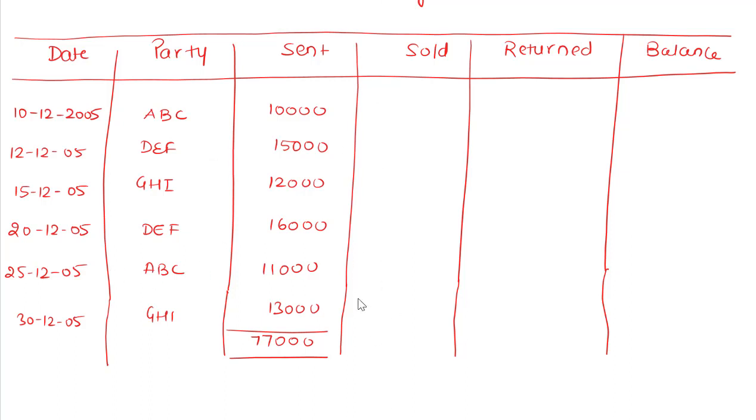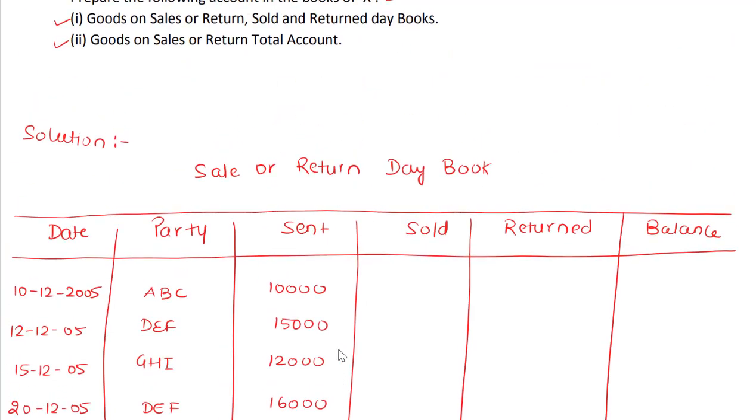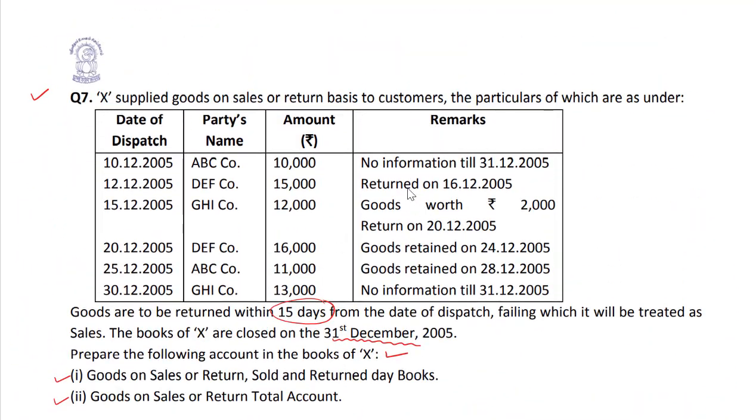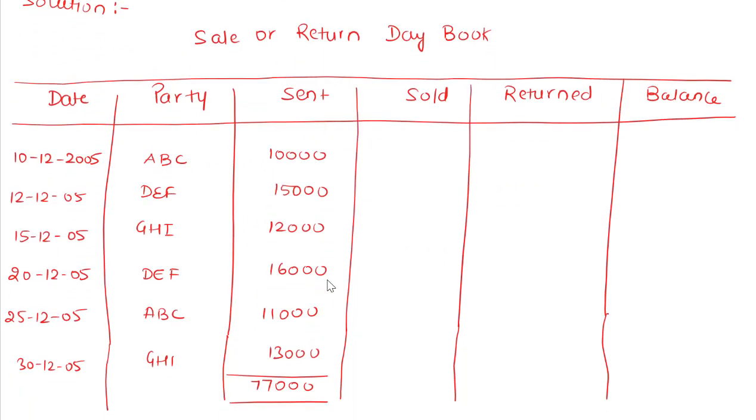The total goods sent is 77,000. Now read the instructions. No information till 31st December 2005. So if no information is there, we will treat it as sales.